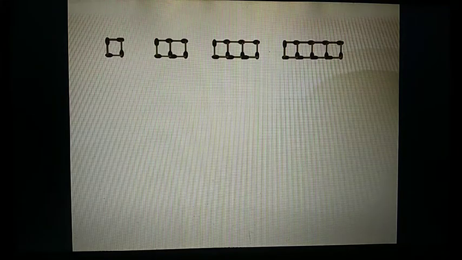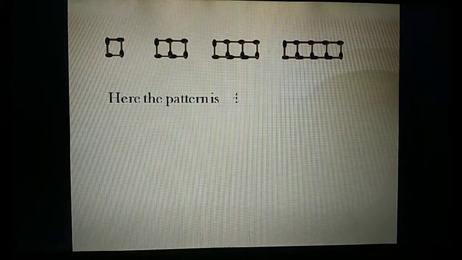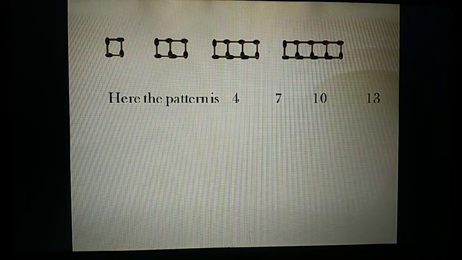So here in the first one, you can see the pattern is given to you. First, you will see how many matchsticks there are. The sequence is 4, 7, 10, 13.